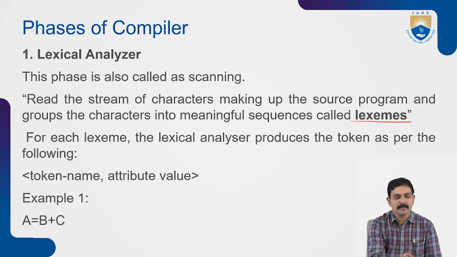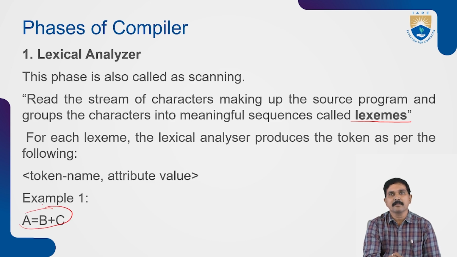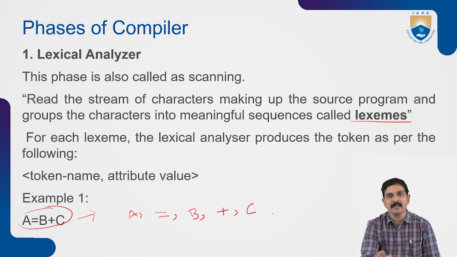For example, take this example: A = B + C. What are the lexemes, or the tokens? A is one token, equal is another token, B is another token, plus is another token, C is also one more token. Whatever statement is given in the code by the user, initially the compiler will make use of the phase called the lexical analyzer phase.